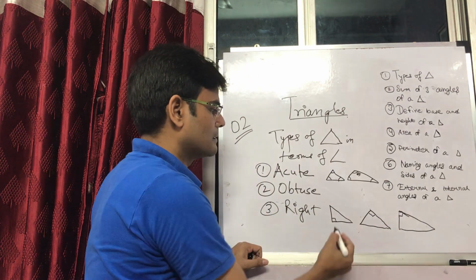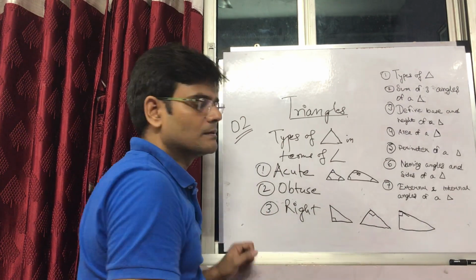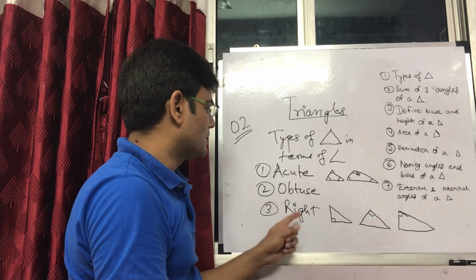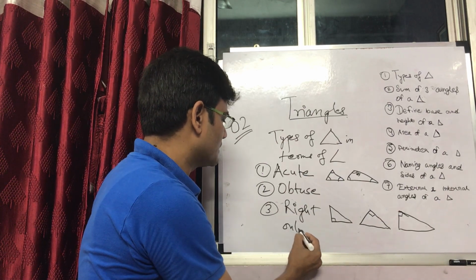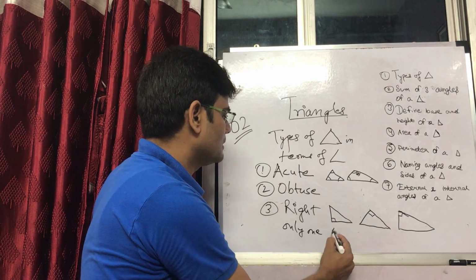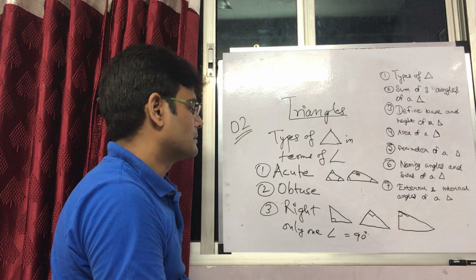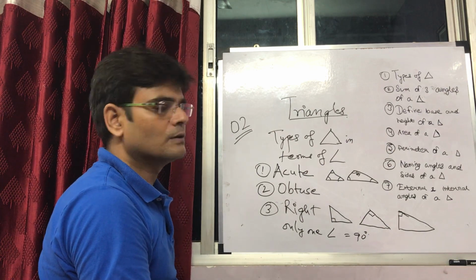This is a right angle triangle. One of the angles is 90 degrees. In a right angle triangle, only one angle is equal to 90 degrees. That is a right angle triangle.